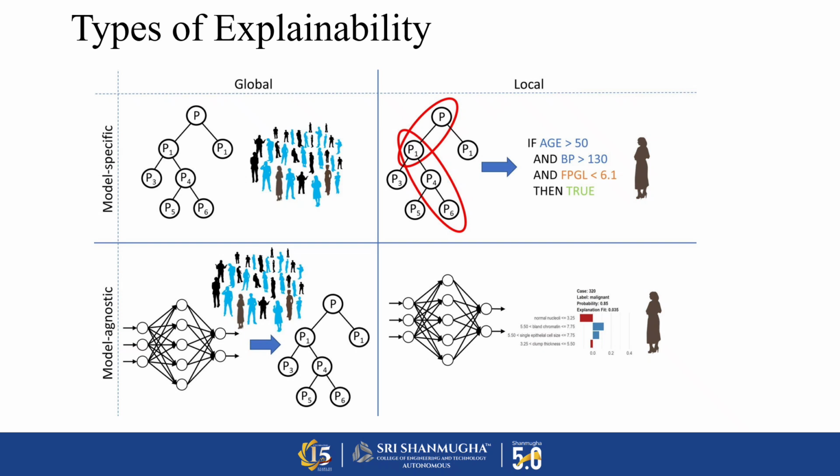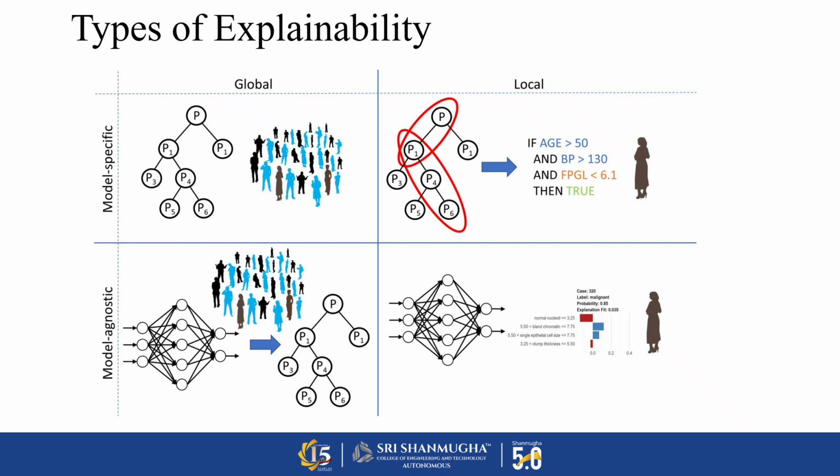Next one is types of explainable AI. It is mainly categorized into 2 ways. One is global, another one is local. In global, you can see here the decision tree makes some decision for all the groups rather than for one specific one.